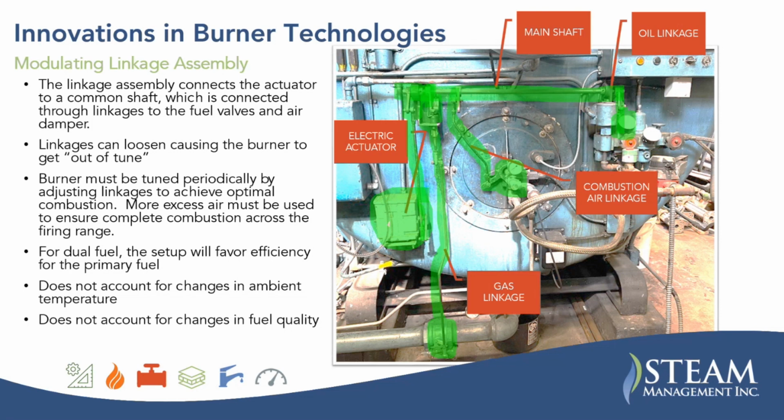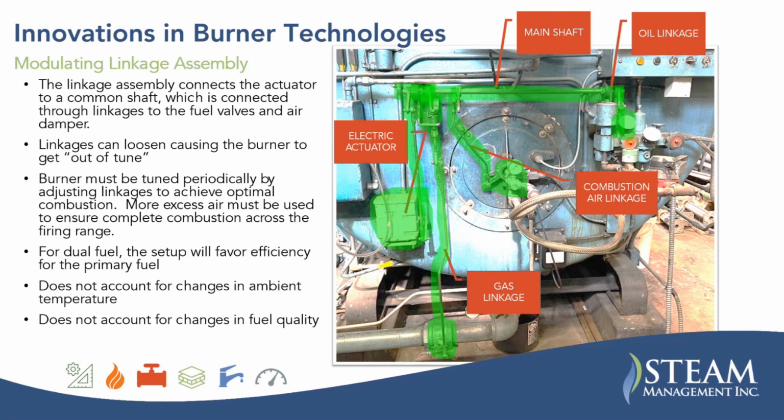It's going to be really ideal at some points, and then you're going to have some excess air at other points so that you don't get a fuel-rich condition. So it's not finely tuned across the entire firing range.